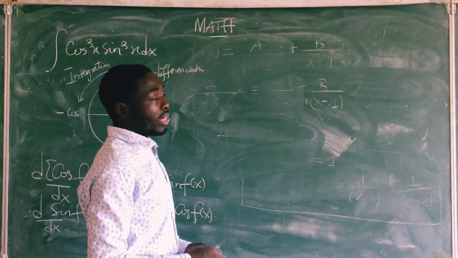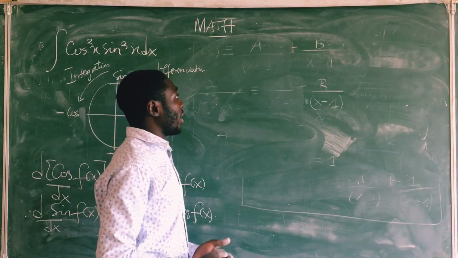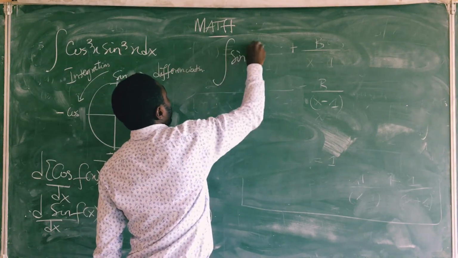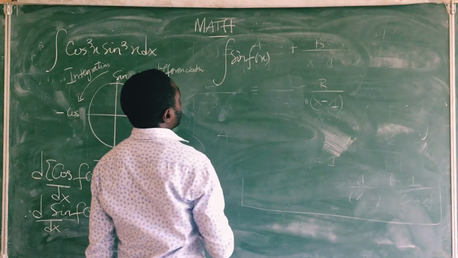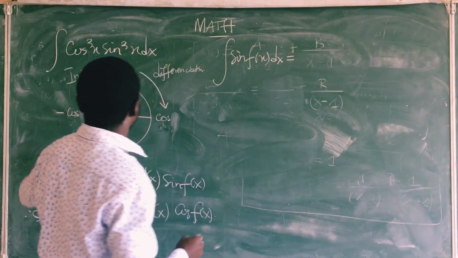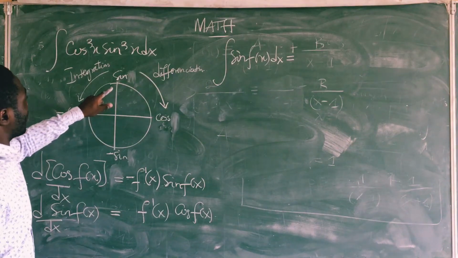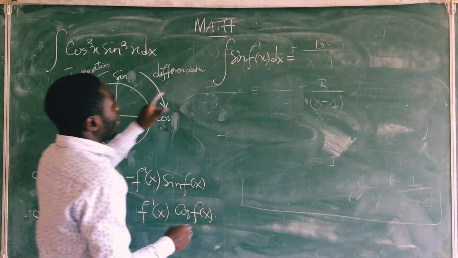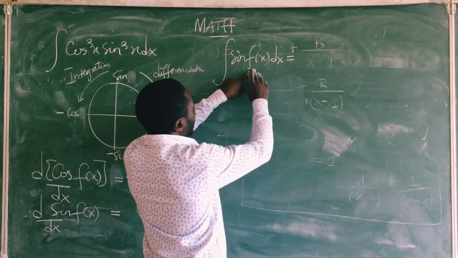Now, when I integrate, how is it going to look? If I'm integrating sine f of x with respect to x, remember when you integrate sine, you have negative cos instead. But in this case, what do we do with the function?